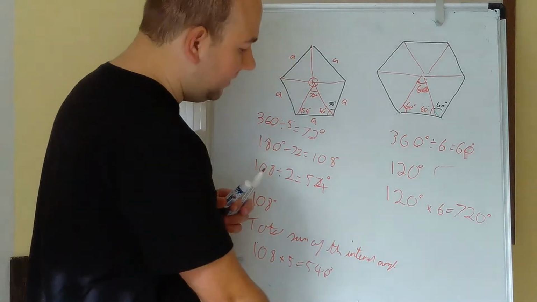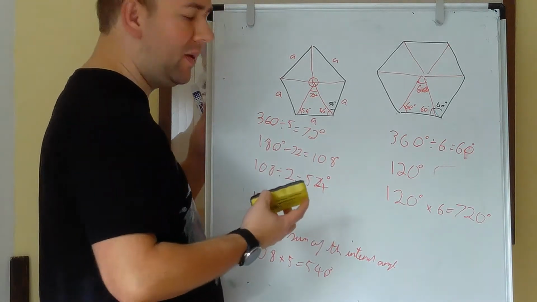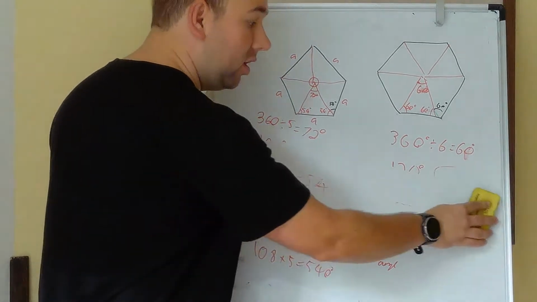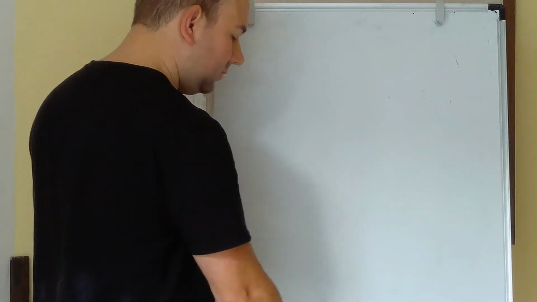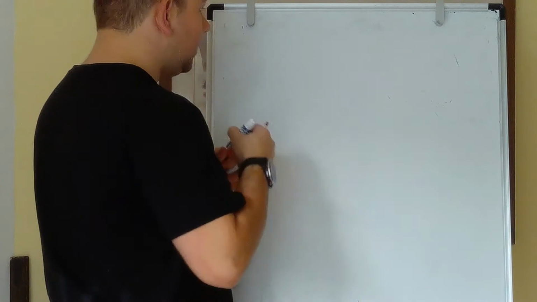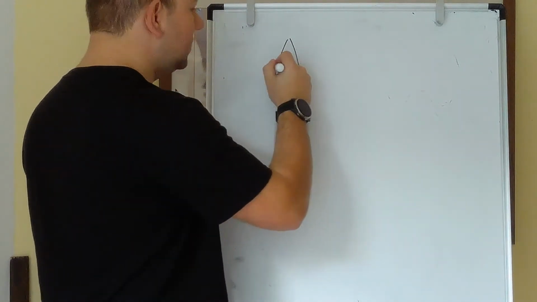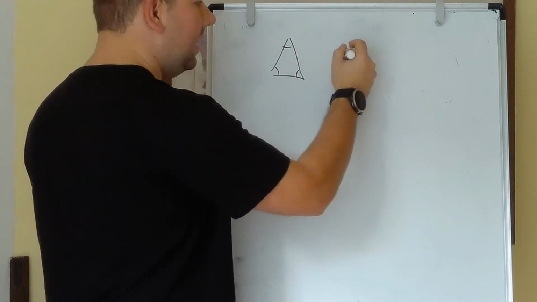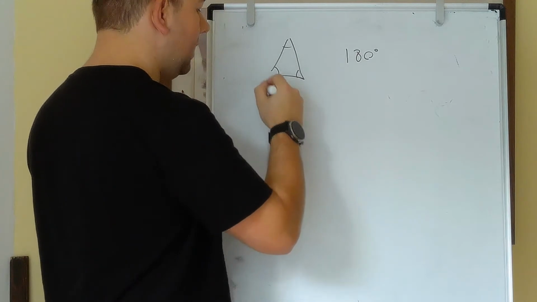So before we finish this video, I just want you to draw your attention to this. One of the things about maths, and science as a whole, is looking at trends. So if we start off with a triangle, the sum of the internal angles is 180 degrees.